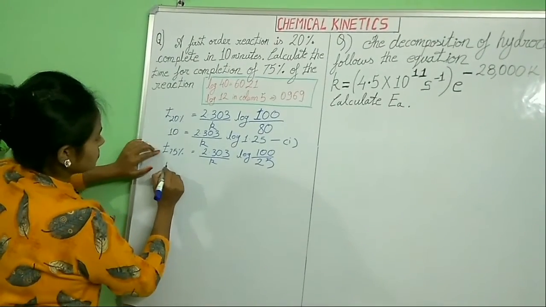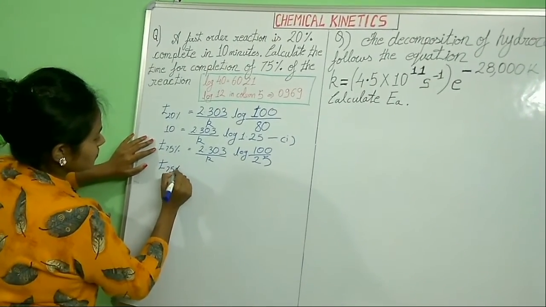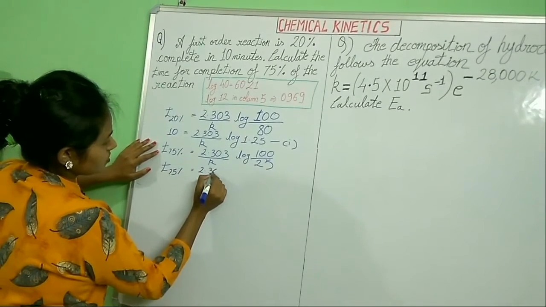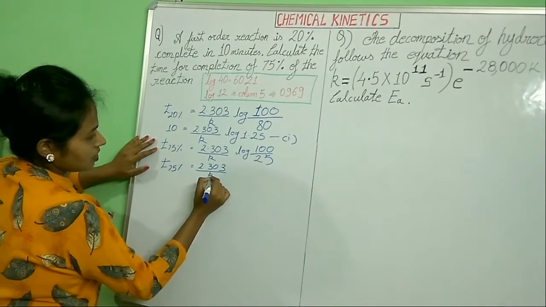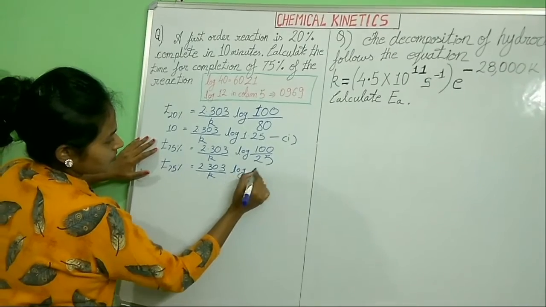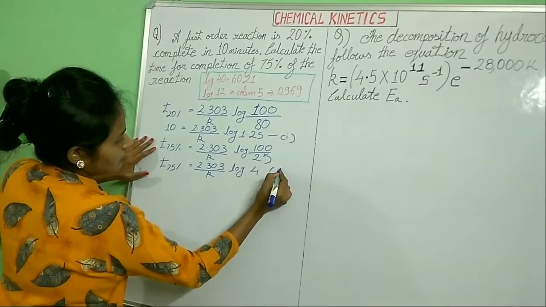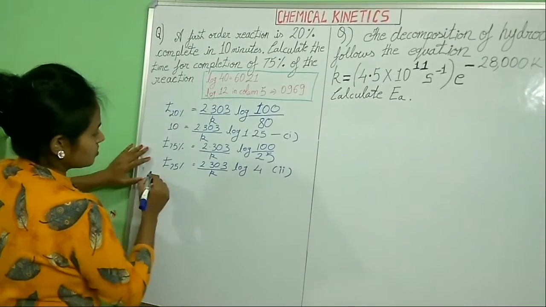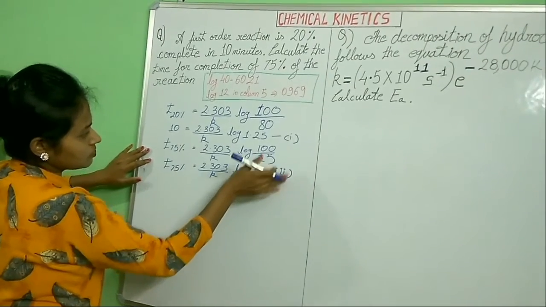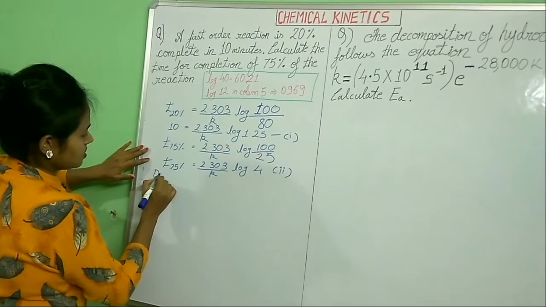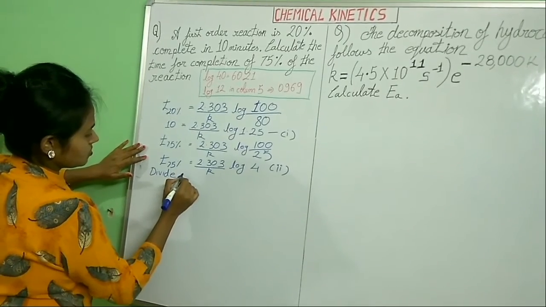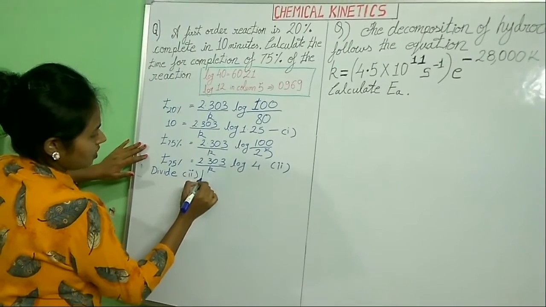So this we have to find out, time taken for completion of 75%. So 2.303 by k log 4. Okay, now let this be equation 2. So we will divide equation 2 by equation 1.